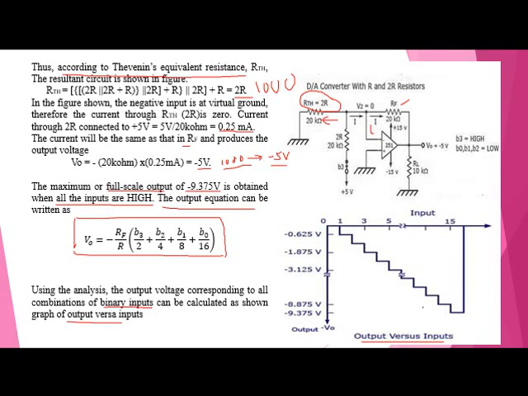In this example, when the binary value is equal to 1 in decimal, the corresponding value is minus 0.75. Similarly for 2, 3, 5, till finally we get the output for 15, corresponding to the value minus 9.375.